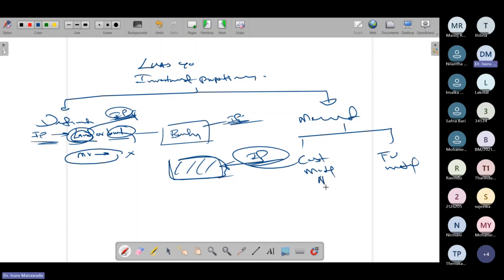The cost model is more or less similar to LKAS 16. Cost should be depreciated based on the useful life of the asset. The fair value model and the revaluation model are not the same; there is a difference.